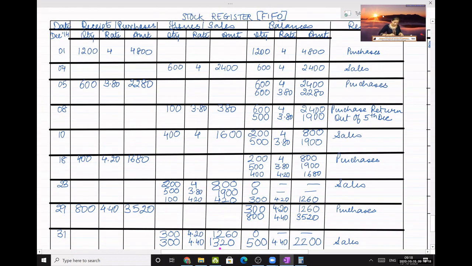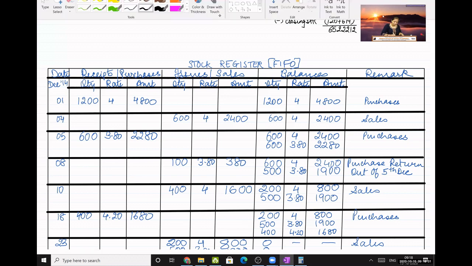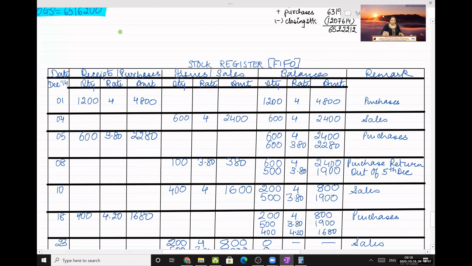Next, on the 4th, there is a sale of 600 units. We are doing FIFO, first in, first out, so I will give away from this first lot. What is the rate? 4.